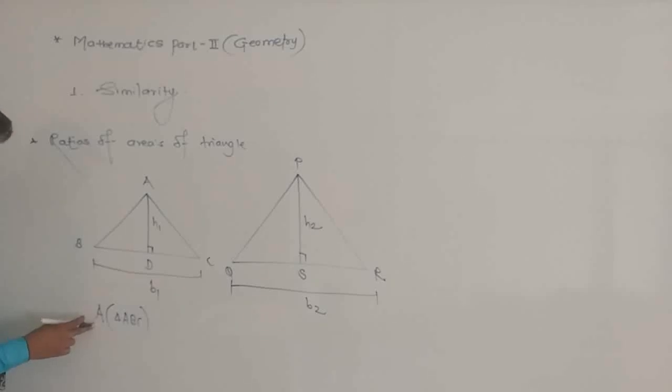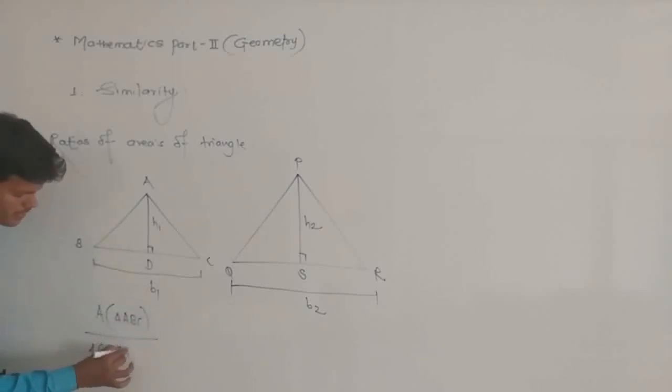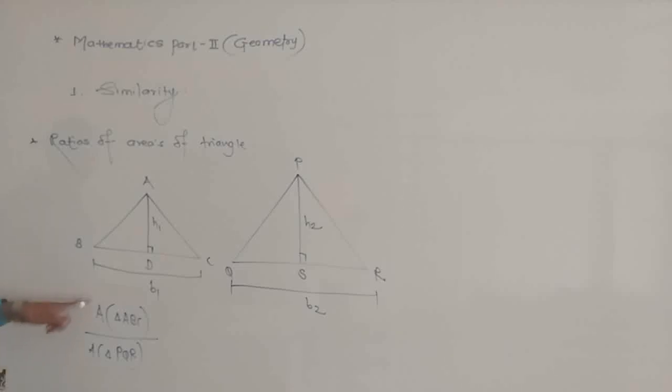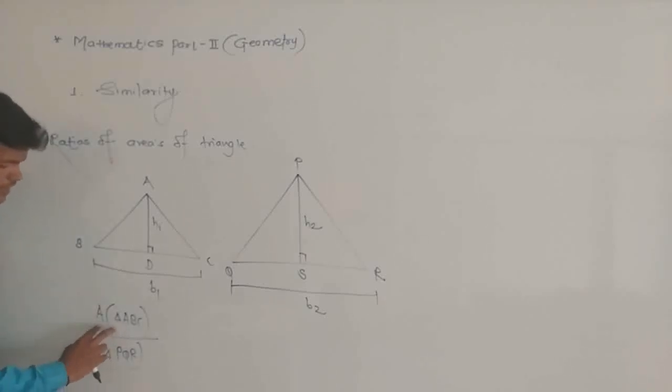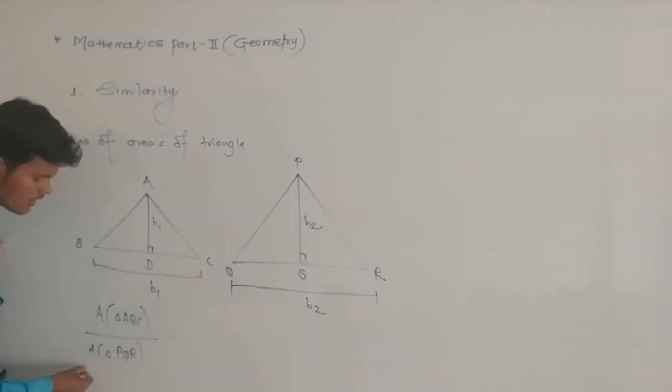A is nothing but area of triangle ABC to area of the other triangle, that is PQR. So it can also be read as ratio of area of triangle ABC to area of triangle PQR, because a ratio can be represented as A upon B.